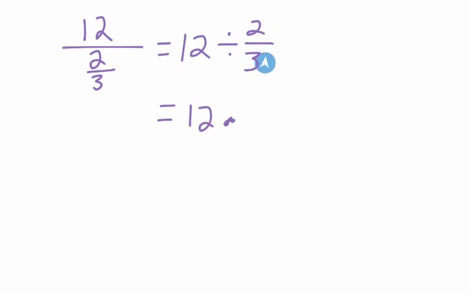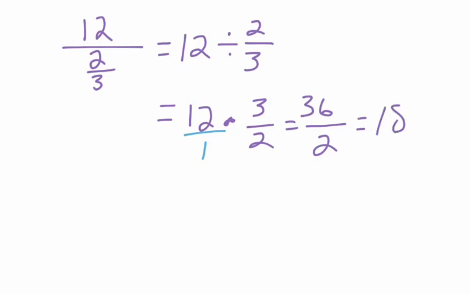The reciprocal of 2/3 is 3/2. And then we can go ahead and multiply this. So we have 12 times 3, which is 36, and 1 times 2 is 2. And then 36 divided by 2 is 18.